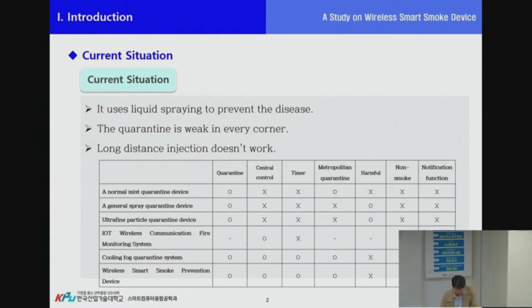Therefore, this study aims to increase the speed of quarantine and the efficiency of measurement by remotely controlling several quarantine devices based on the Apple through the wireless smart smoke quarantine system construction algorithm.